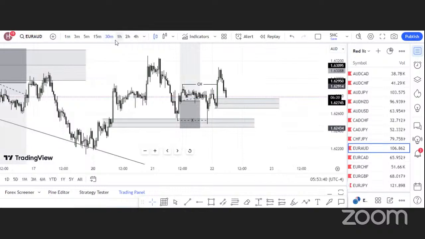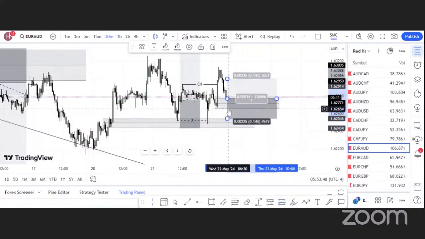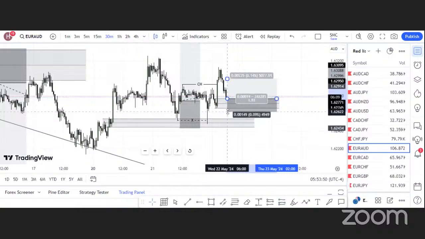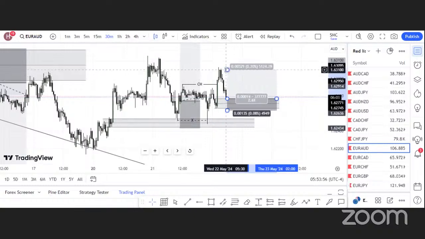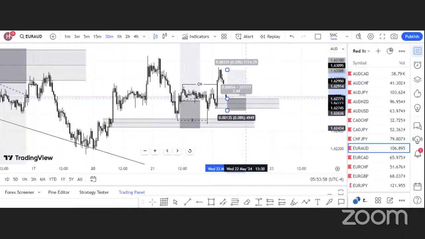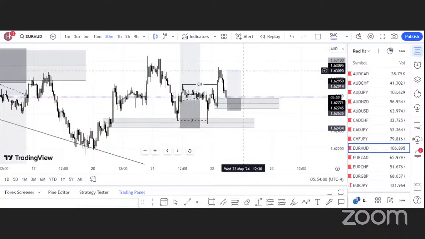Yes. So this is much better. So if we get a rejection from here, our entry is going to be from here. Our stop loss will be here, and our take profits will be at the top, right?